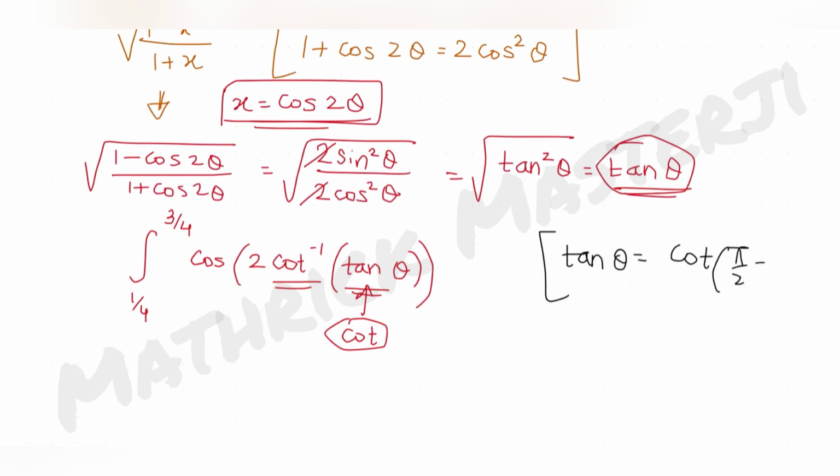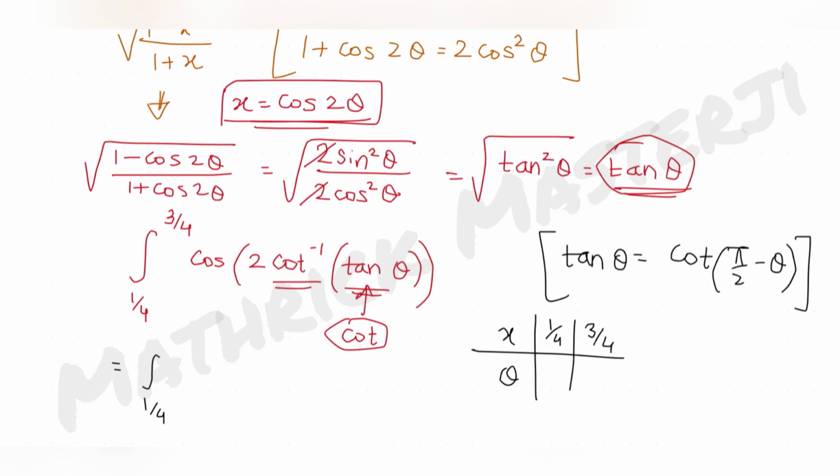Because I have made my entire expression in terms of theta instead of x, my limits would also change, so we cannot keep 1/4 and 3/4. For theta, the limits would change, but we don't need to find them, because we'll resubstitute the entire equation in terms of x and have the same limits.